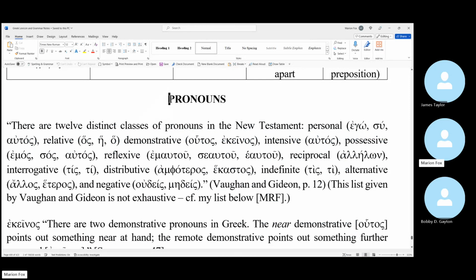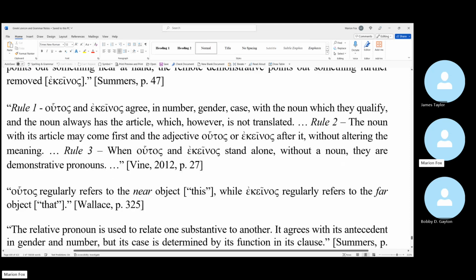Yes, sir. It says pronouns. This is a list of 12 distinct pronouns. You see them here, and this is in the file entitled Greek Lexicon and Grammar Notes. This is not a complete list, but our lists have a complete list down below, okay?